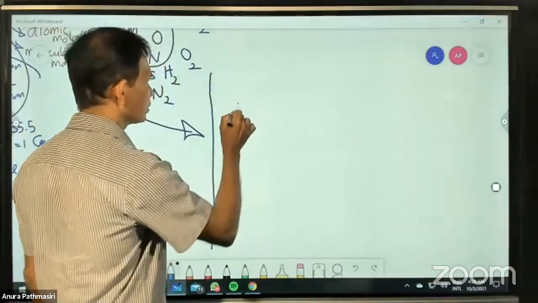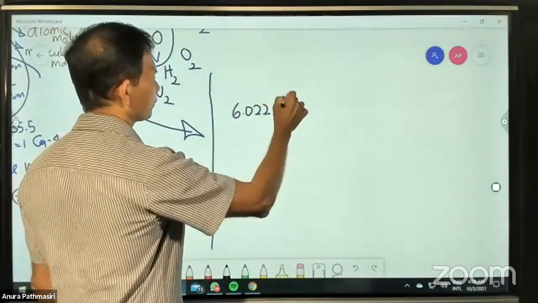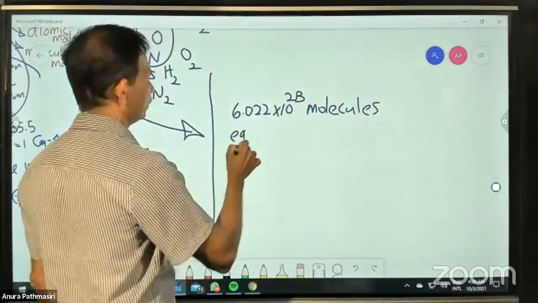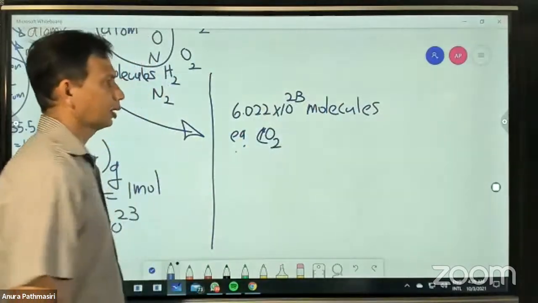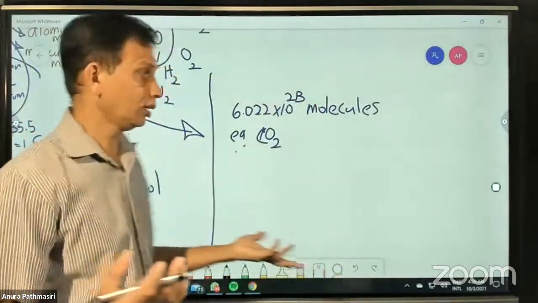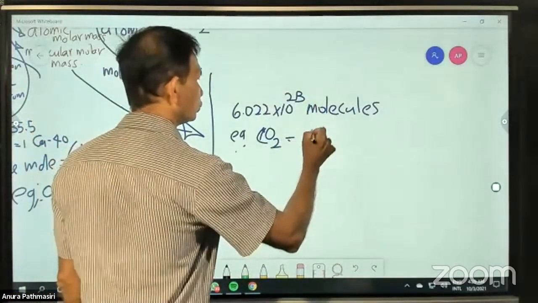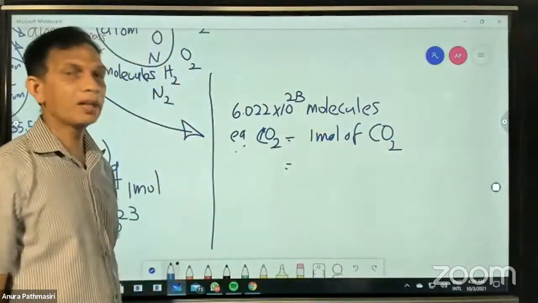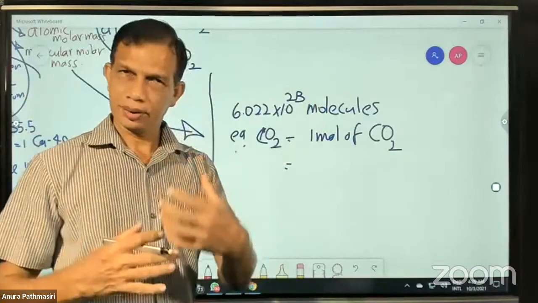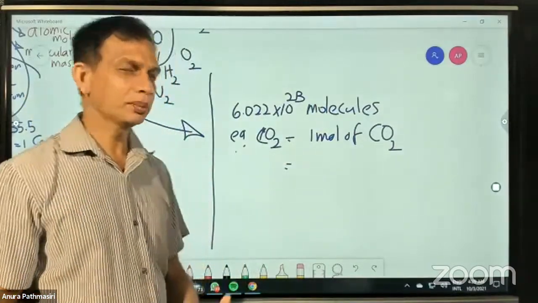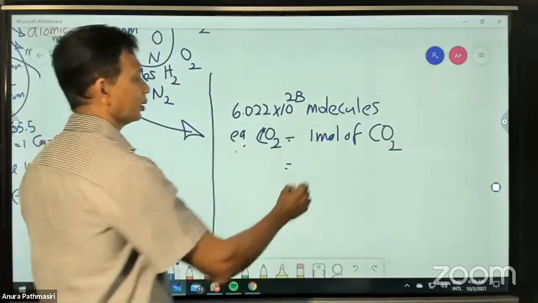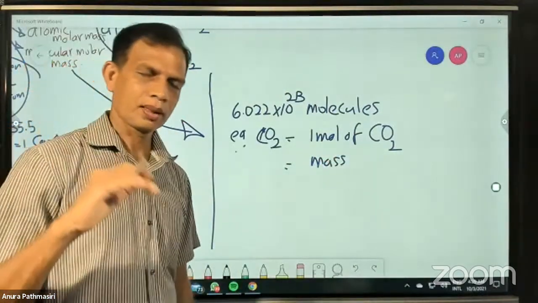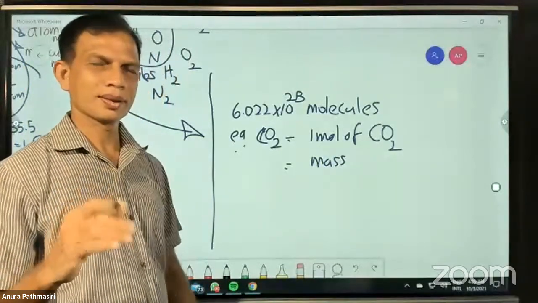Avogadro says if you consider 6.022 times 10 to the power 23 molecules, for example carbon dioxide, where you have 1 mole of CO2, or the mass, if you consider where 6.022 times 10 to the power 23 carbon dioxide molecules are there, its mass is considered as the molecular molar mass.